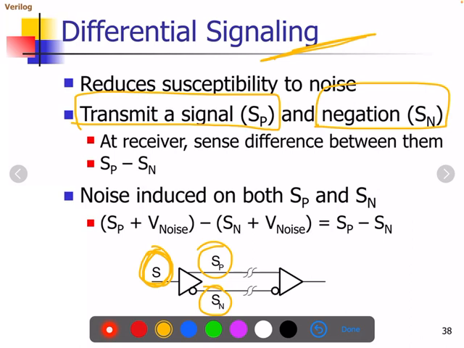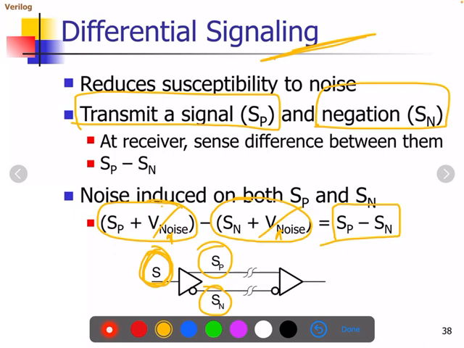Both SP and SN will get added with the noise in the channel while transmitting. When we subtract these two, SP minus SN, the noise will get cancelled out. This is one way we can recover the original signal without the effect of much added noise in the signal.